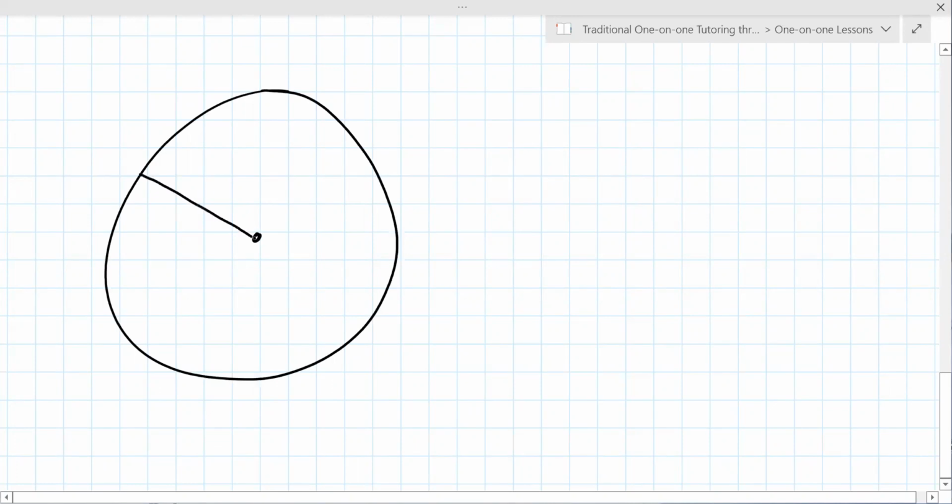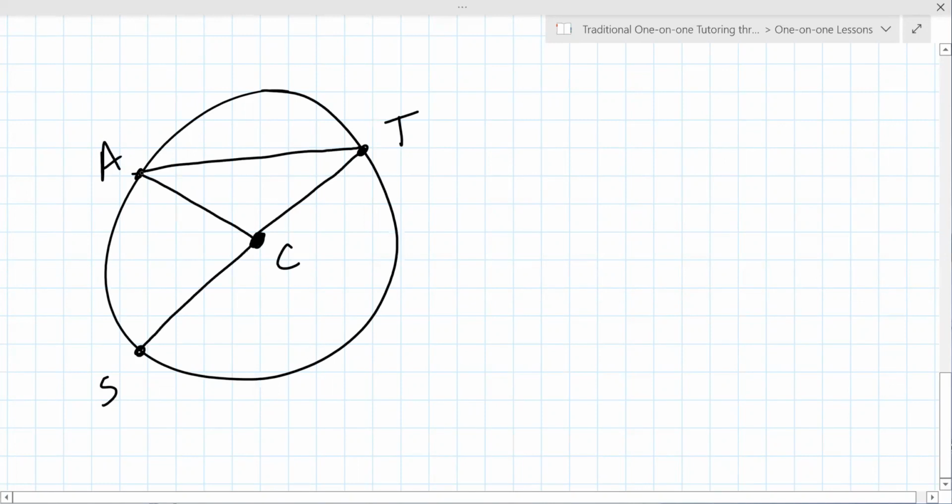We'll go A. Okay, so this is center C. And we'll go here. Okay, so I want 2 radiuses and 2 chords.